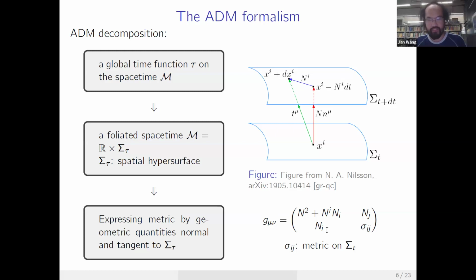After we finish the decomposition, the metric can be given in terms of the lapse function, which is a scalar field defined on the manifold, the shift vector, which is a vector tangent to the hypersurface, and also the spatial metric, which is the metric defined on the hypersurface.